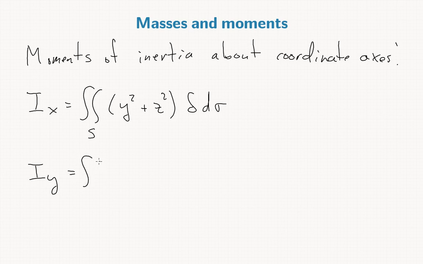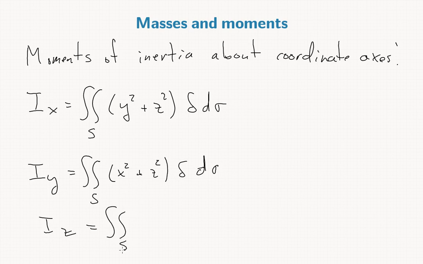Iy is the integral over S of x squared plus z squared, density d sigma. And Iz is the integral over S of x squared plus y squared, delta d sigma.